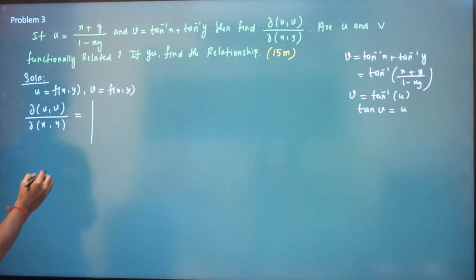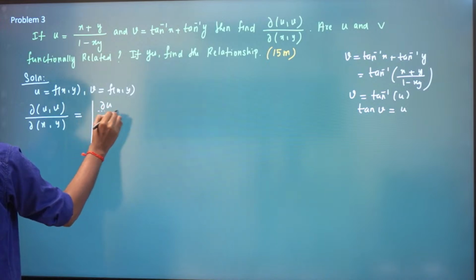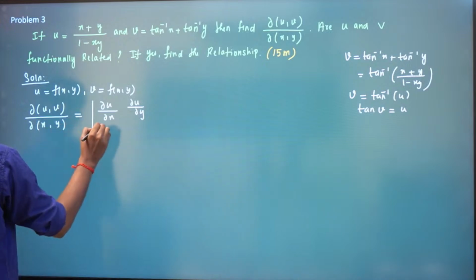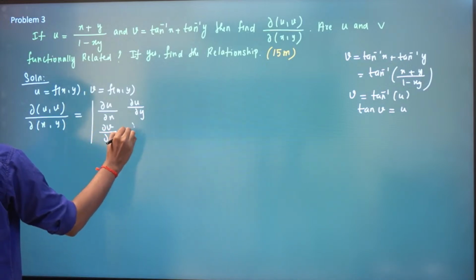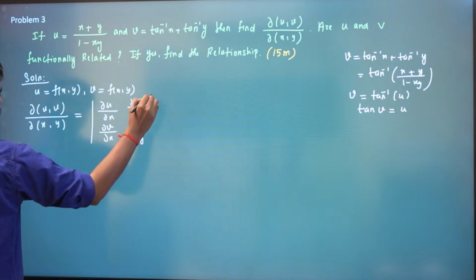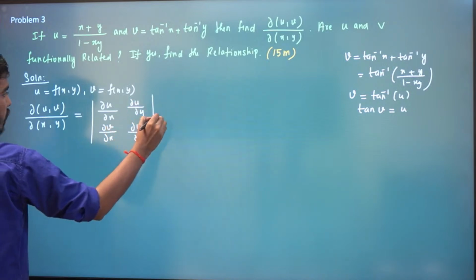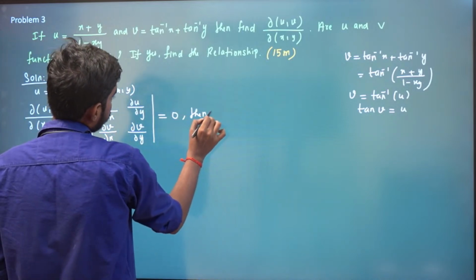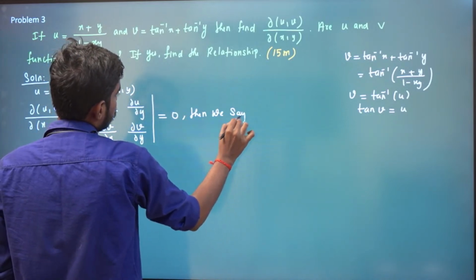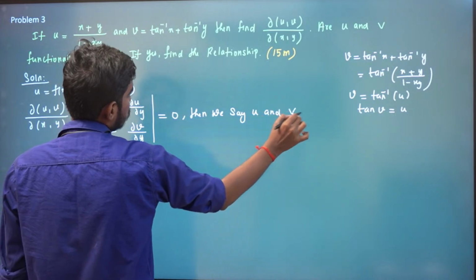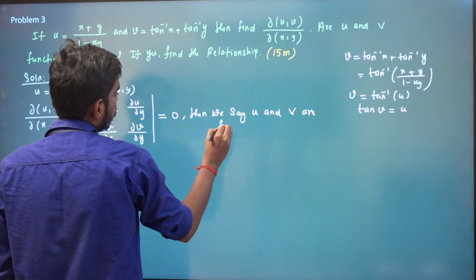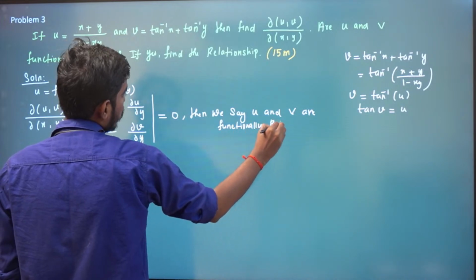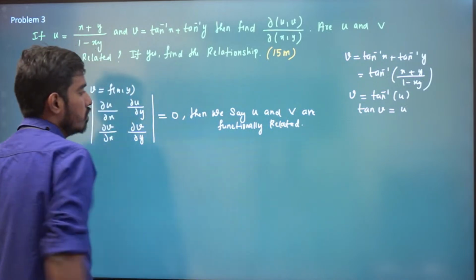What is this? Determinant of dou u by dou x, dou u by dou y, and then dou v by dou x, dou v by dou y. So if you find the determinant, if it is equal to 0, then we say u and v are functionally related. Just compare this with linear dependence.